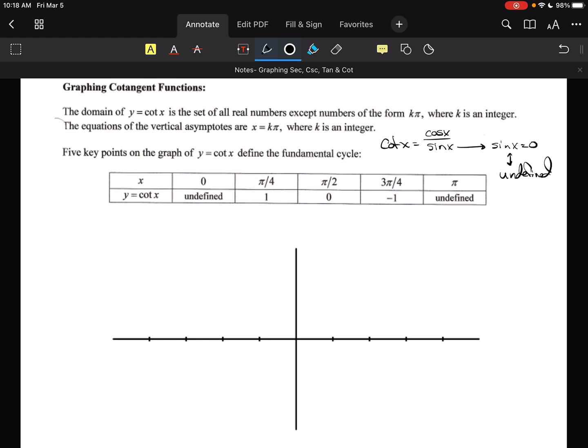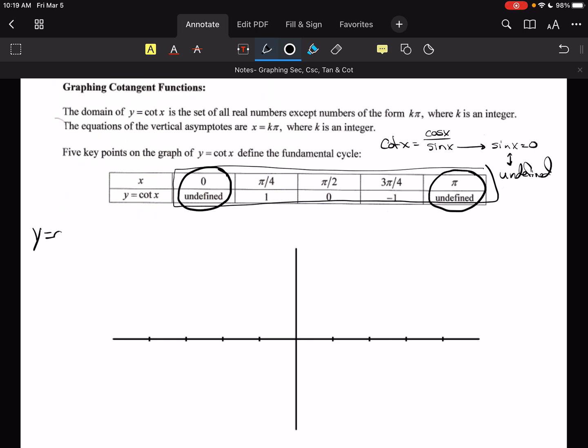If I think about the unit circle where sine is 0, that happens at 0, pi, 2 pi, 3 pi. Anywhere there's just a pi or a 0 and there's no denominator.